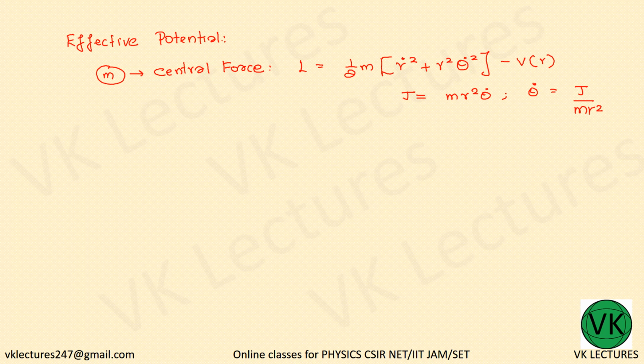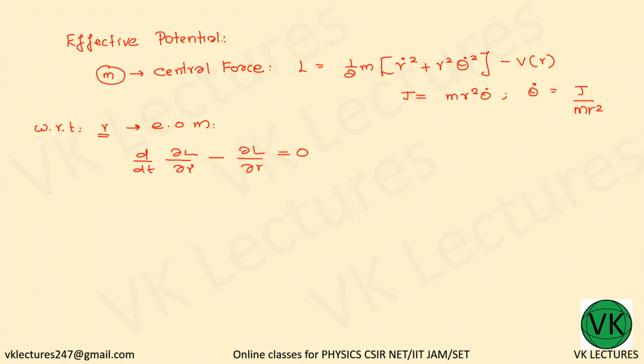Now with respect to r, the radial coordinate, we can write the equation of motion as d by dt of dou L by dou r dot minus dou L by dou r equal to 0.